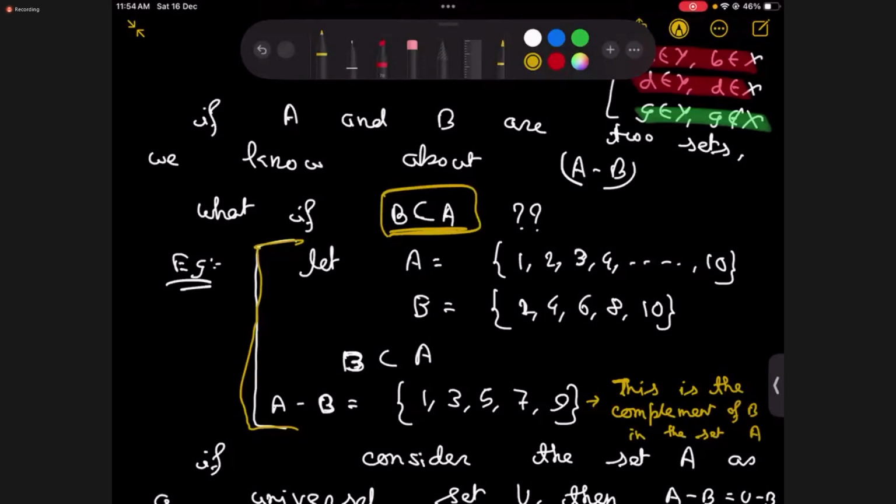We need this condition to claim that this is a complement. If this condition doesn't hold, then we can't say that this set is a complement of the set B in the set A. To claim this complement, we must have this containment relation.